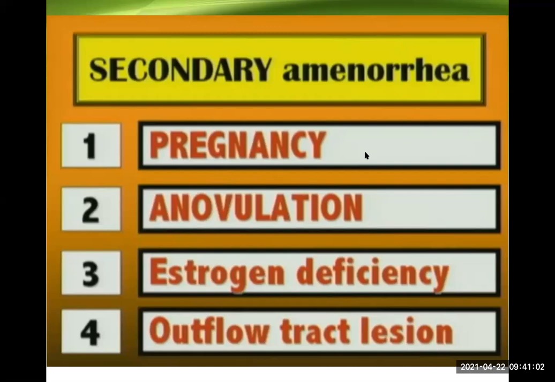Other ones are some endocrine causes which are high up in the hypothalamus and pituitary. You can add a few of them there. The last one, outflow tract lesion, is also known as cryptomenorrhea, because actually the menstruation is occurring, but it is not visible outside.